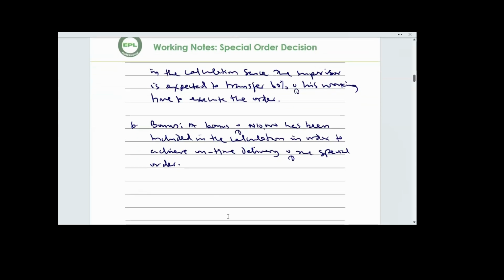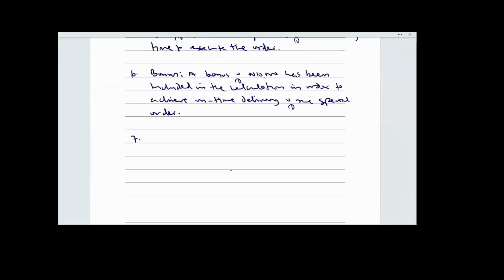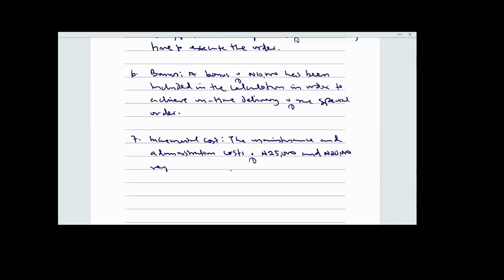Okay, then last, we also have incremental cost. Number 7, incremental cost. So you say the maintenance and administration costs of 25,000 and 20,000 naira respectively are irrelevant to the calculation.